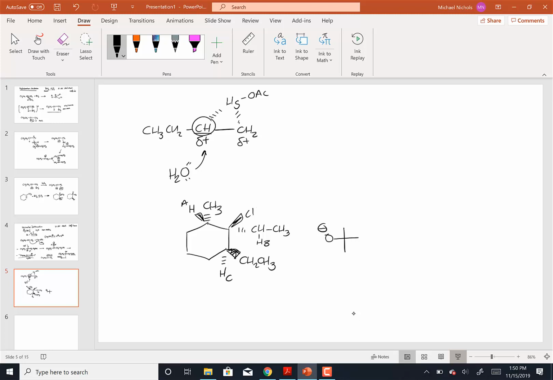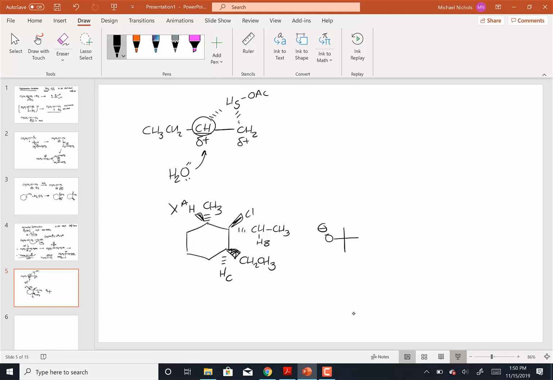So any beta hydrogen outside the ring can always become anti-periplanar, so it will always be deprotonated in E2. But really the question is, can I remove HA in this reaction? No. Why not? It's cis to the leaving group. So I cannot remove HA. Can I remove HC? Yes.